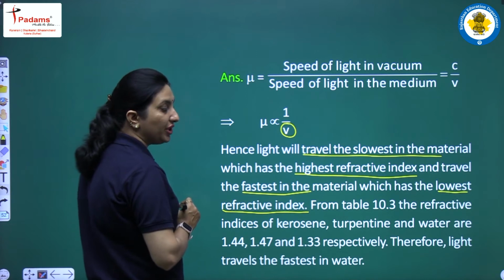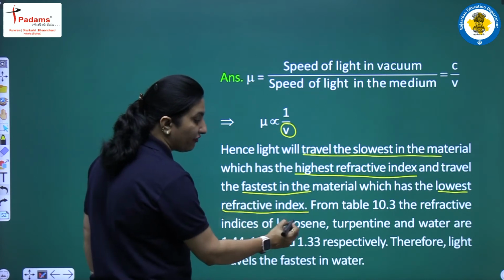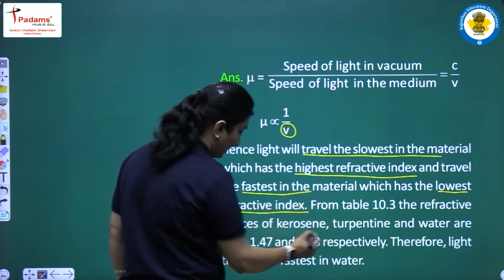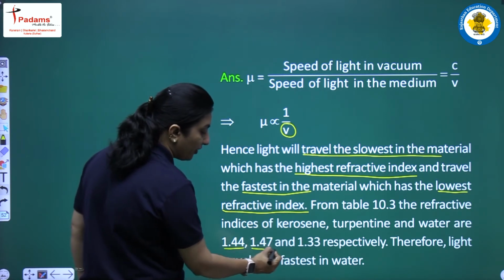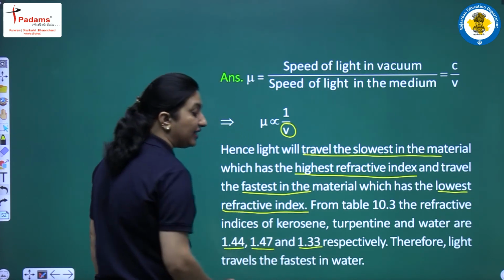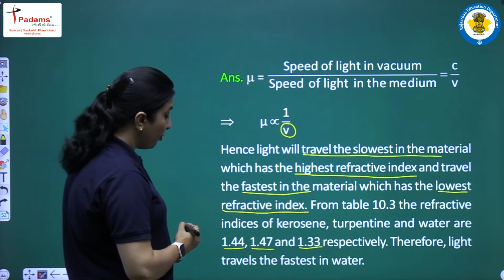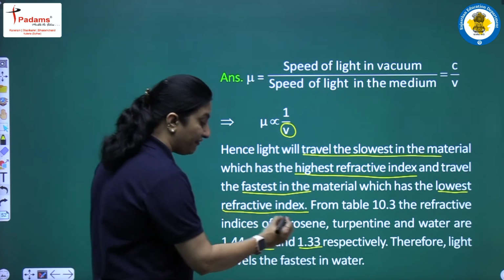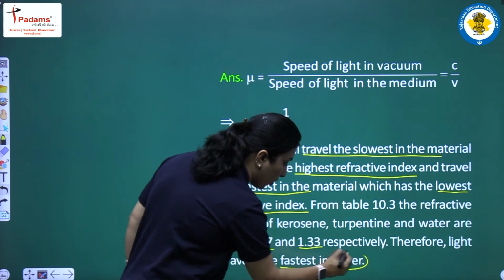From the table 10.3, the refractive indices of kerosene, turpentine and water are 1.44, 1.47 and 1.33 respectively. Therefore, light travels the fastest in water.